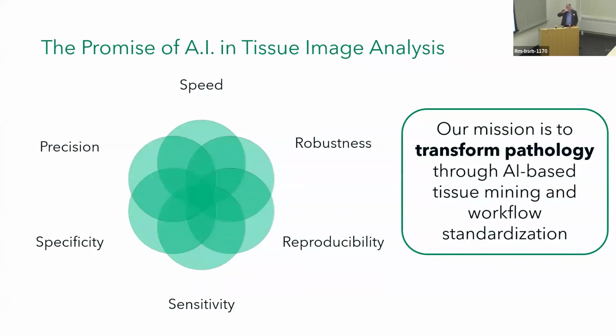We understand there are advantages in applying AI in this realm in terms of providing faster results, more robustness, and reproducibility, but more importantly, achieving the sensitivity, specificity, and precision necessary to get data out of tissue that you can trust and rely on, creating workflows that incorporate artificial intelligence as well as your human intelligence working in concert together to get the most out of the data that you're generating.